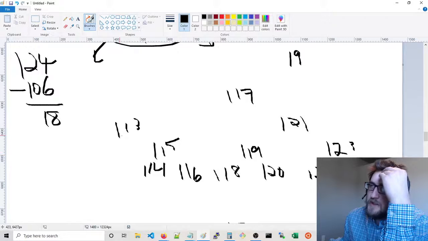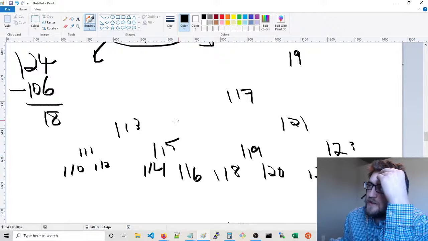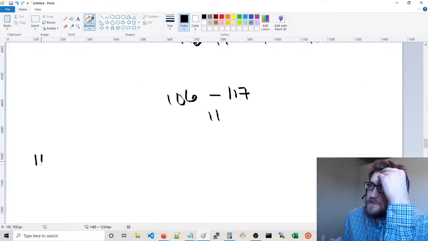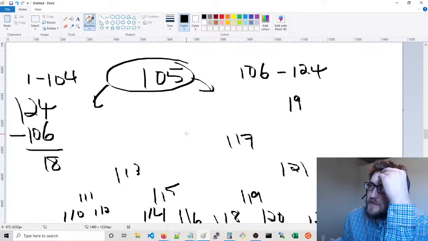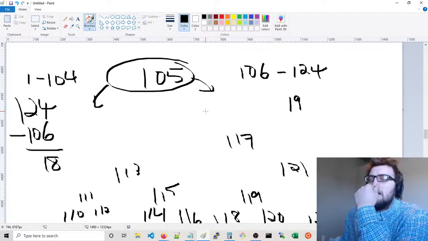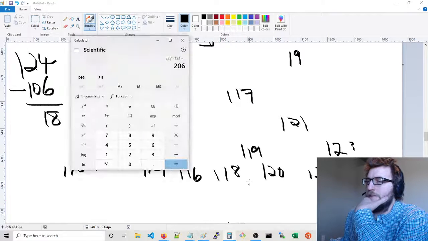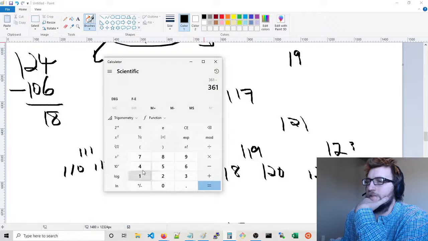That's like 113, and another 3, 112, 111, and 110. So then I have 106 to 110. And what is this so far? 123 plus 121 plus 117 gives you 361, minus 450.